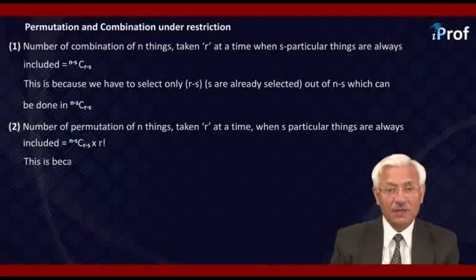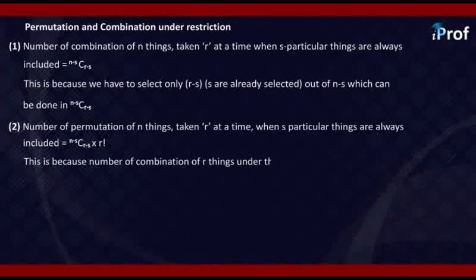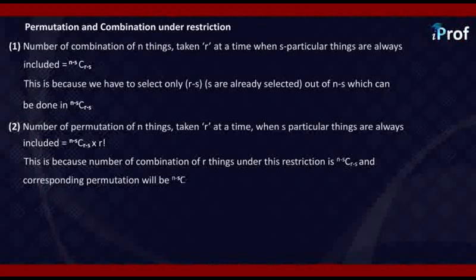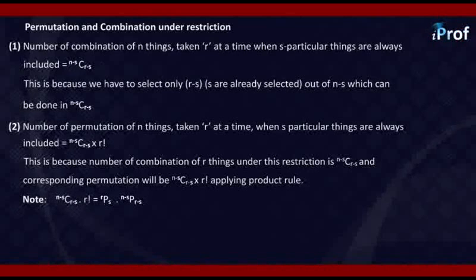This is because the number of combinations of r things under this restriction is n minus s C r minus s, and correspondingly the permutations will be n minus s C r minus s into r factorial, applying the product rule. Note that n minus s C r minus s into r factorial is also equal to r P s into n minus s P r minus s.